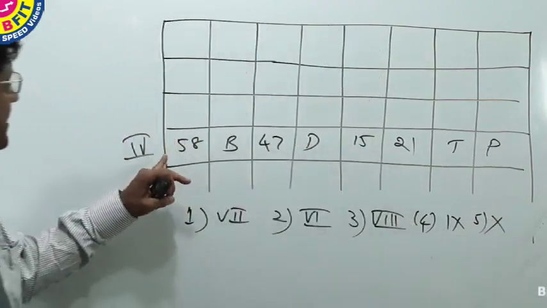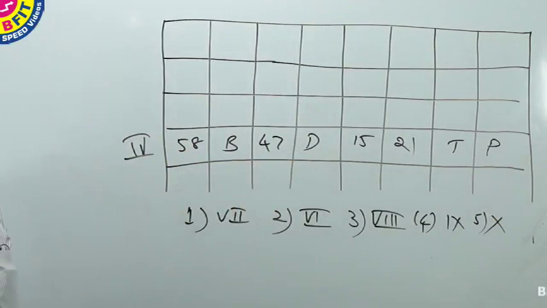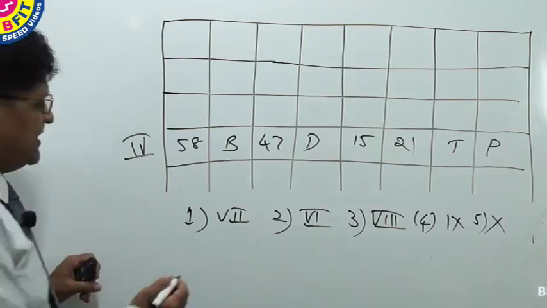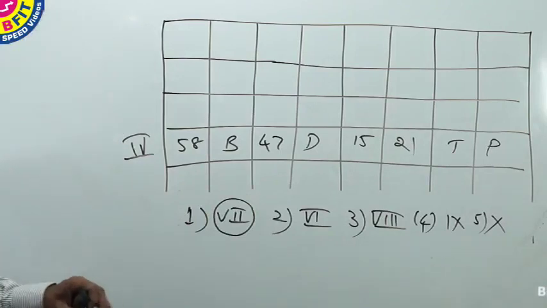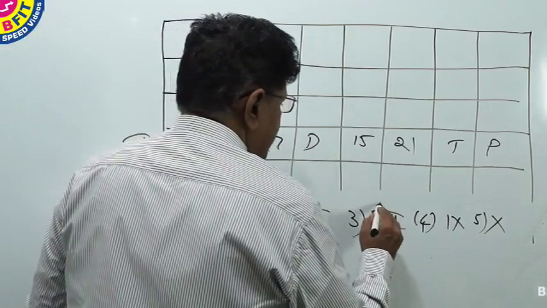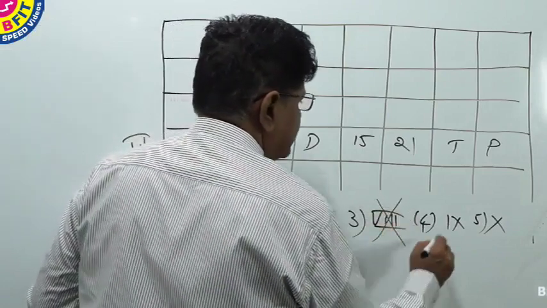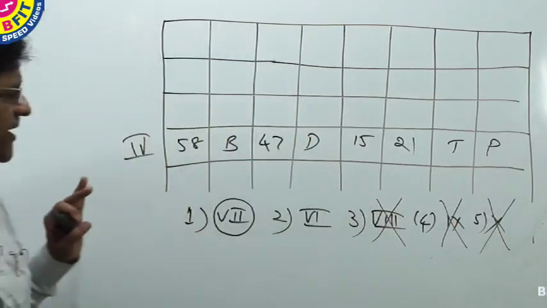Now there are 8 variables. So what is the maximum number of steps required? Maximum number of steps is 7. So all other options like 8, 9, 10 are obviously wrong. You can eliminate them.